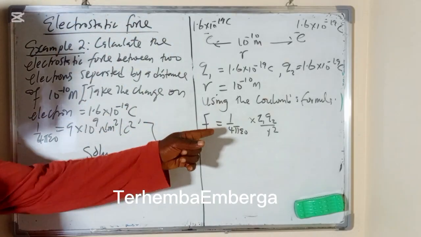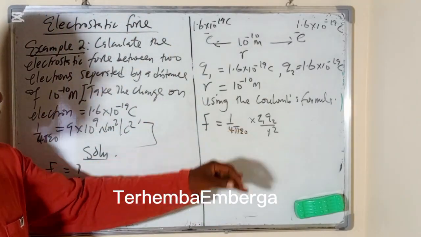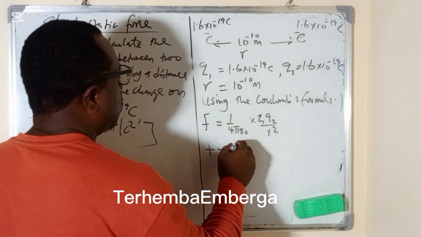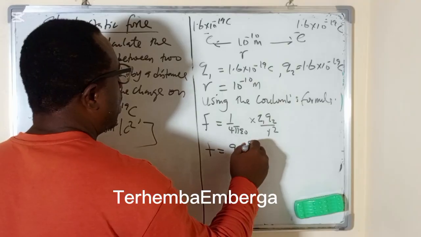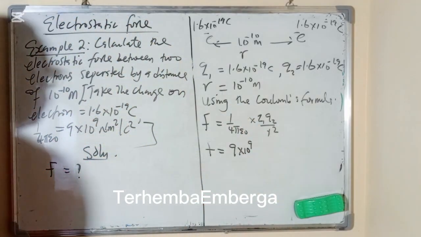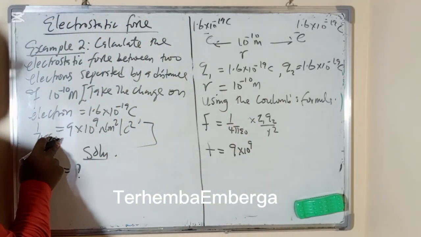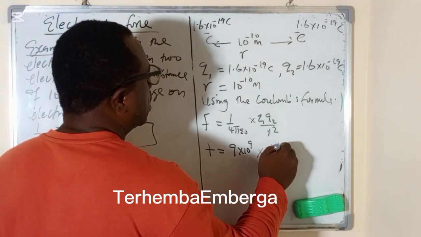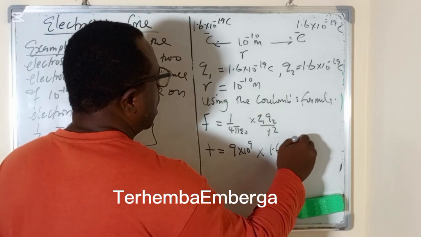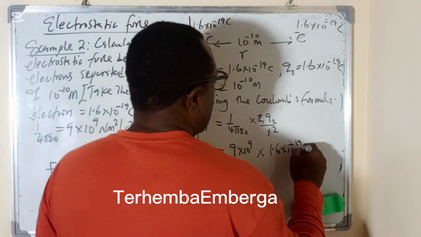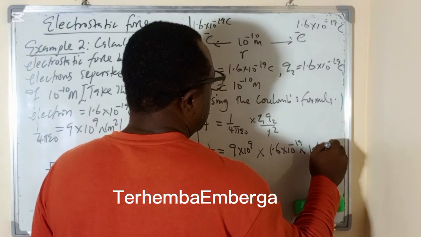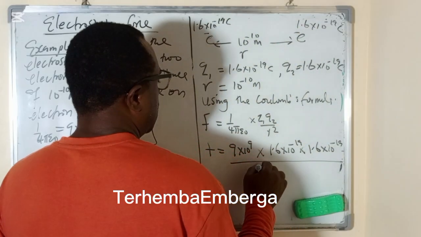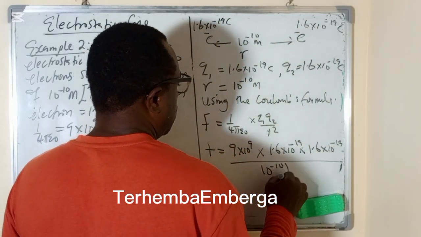So what we need to do at this moment is to substitute these values, and F will be equal to 9 times 10 raised to the power 9 as a constant, it is given here, times 1.6 times 10 raised to the power minus 19 times 1.6 times 10 raised to the power minus 19 divided by 10 raised to the power minus 10 all squared.